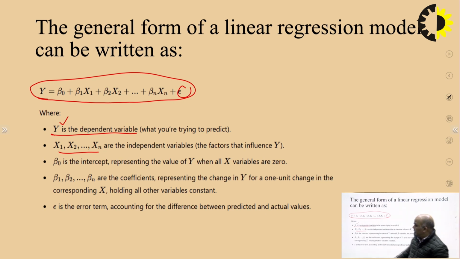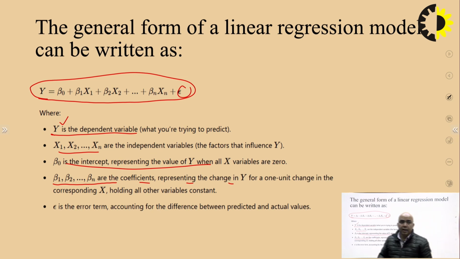Beta naught is the intercept, representing the value of y when all the x variables are 0. Beta 1 and beta 2 are the coefficients, representing the change in y for a one unit change in the corresponding x, holding all the other variables constant.